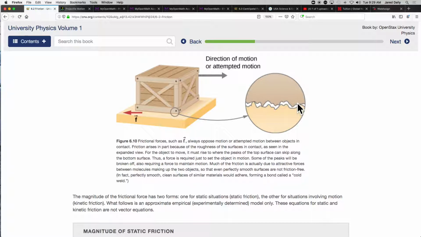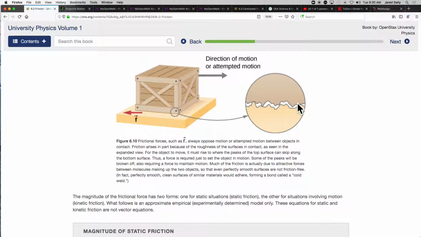The two types of friction are static friction and kinetic friction. Static friction is the friction that two things have if they're not moving against each other. As soon as they start to move, it becomes what we call kinetic friction. Why do we call them something different? Well, if you've ever pushed a box along the floor, you know that when you first start pushing, it's really hard to push it. And then once you get it going, it's easier to push it.